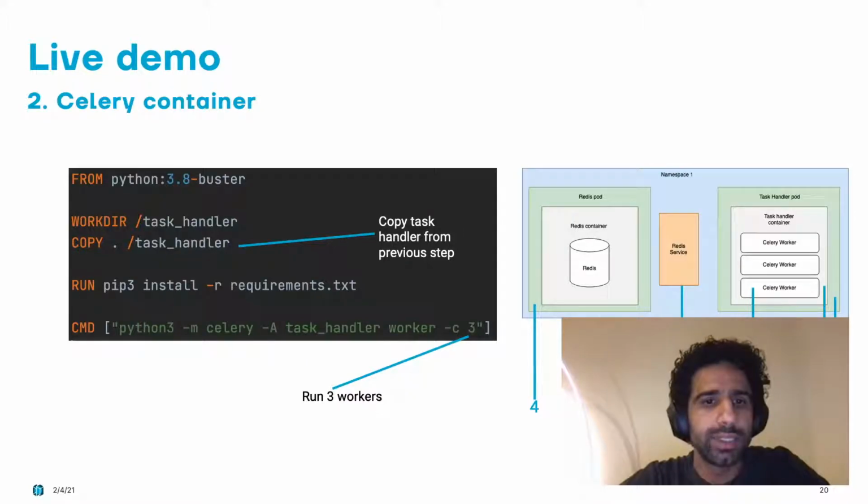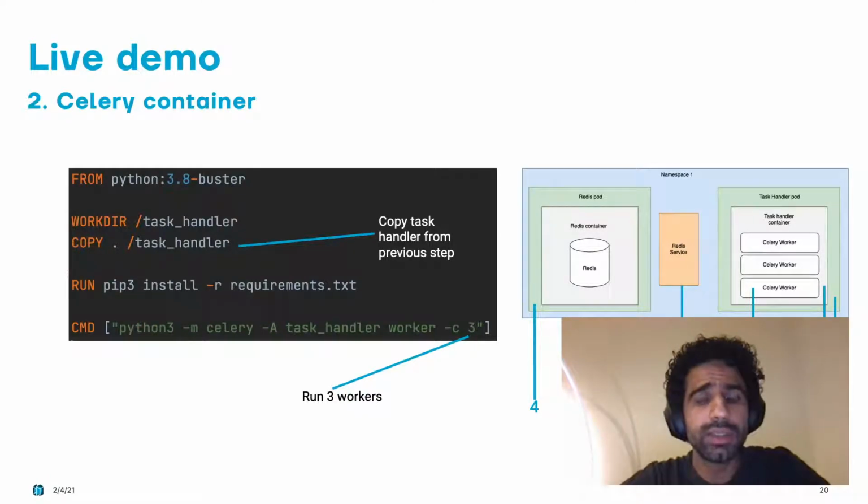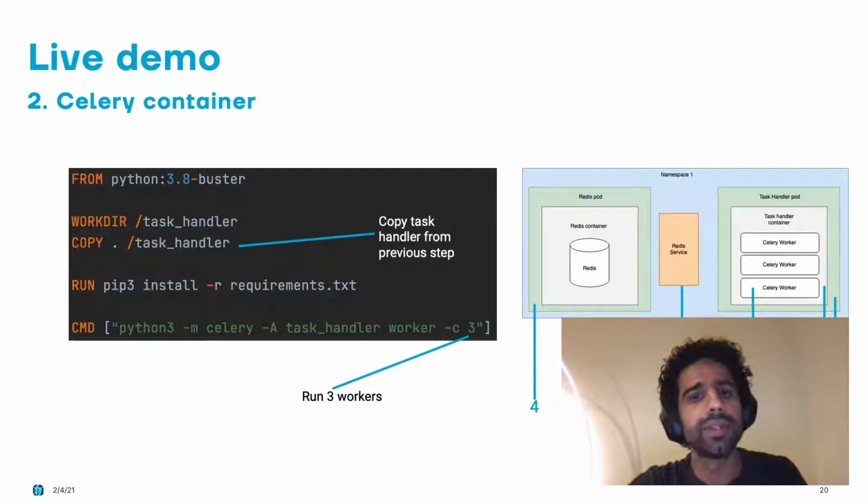And the last step is simply the command that's going to run by default when you run this Docker image. When you run Docker images, you can also specify a custom command that you want to run. That's also possible, but it's nice to give a command inside the image itself.